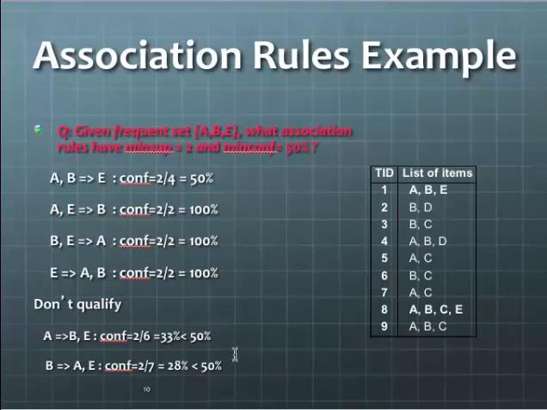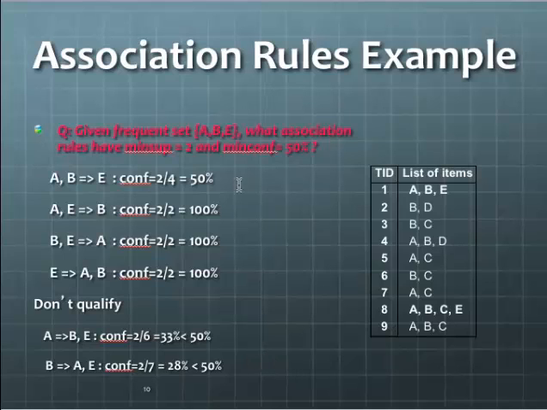Then you need to use the support of this rule, which equals 2 divided by 6. So the confidence of this rule is 33%. And for the rule from B to A and E, we find that B exists 7 times in this dataset. So the confidence of this rule is 28%.